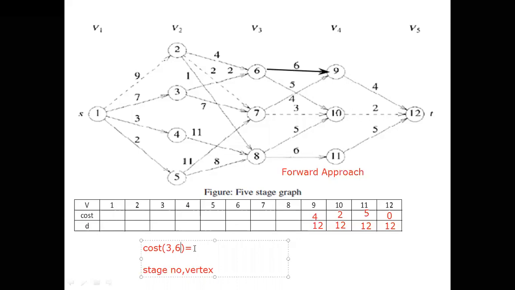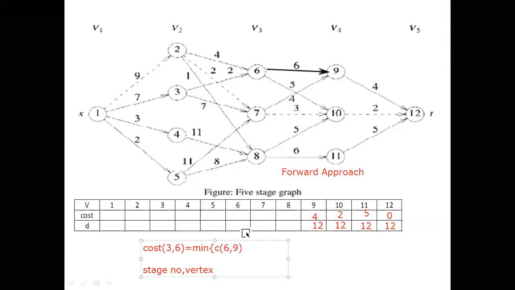That one we have to write now, right? Cost of 3 comma 6 is equal to, in that 6, in both the paths, I have to find which is the smallest one. That's why I will apply the minimum function. Minimum of, from first we will take 6 to 9. Minimum of C of 6 comma 9.